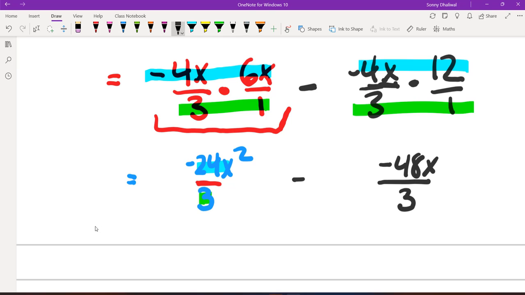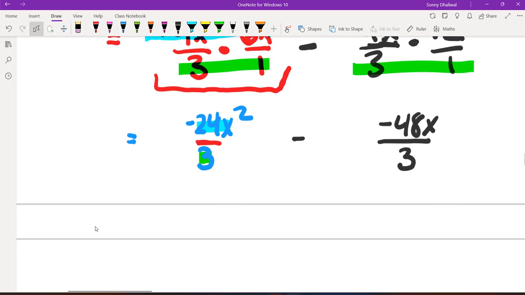Now, just like we did all the times before, we have fractions. We look to see if we can reduce and simplify those fractions. Can 3 go into 24? Yeah, right? It can go in how many times? 8 times. Right? So this fraction is negative 8x squared.